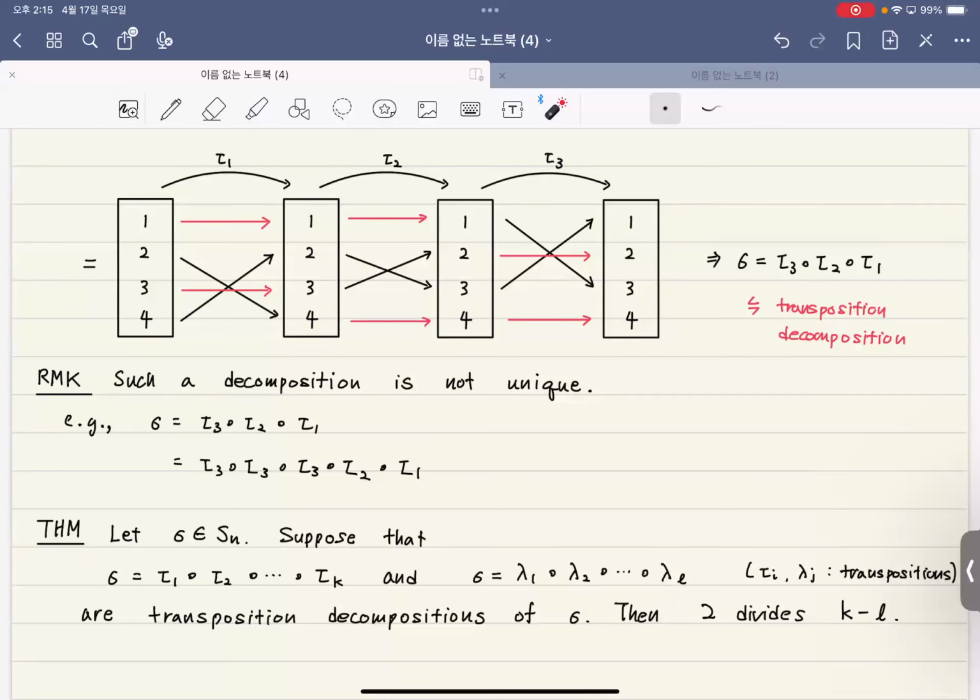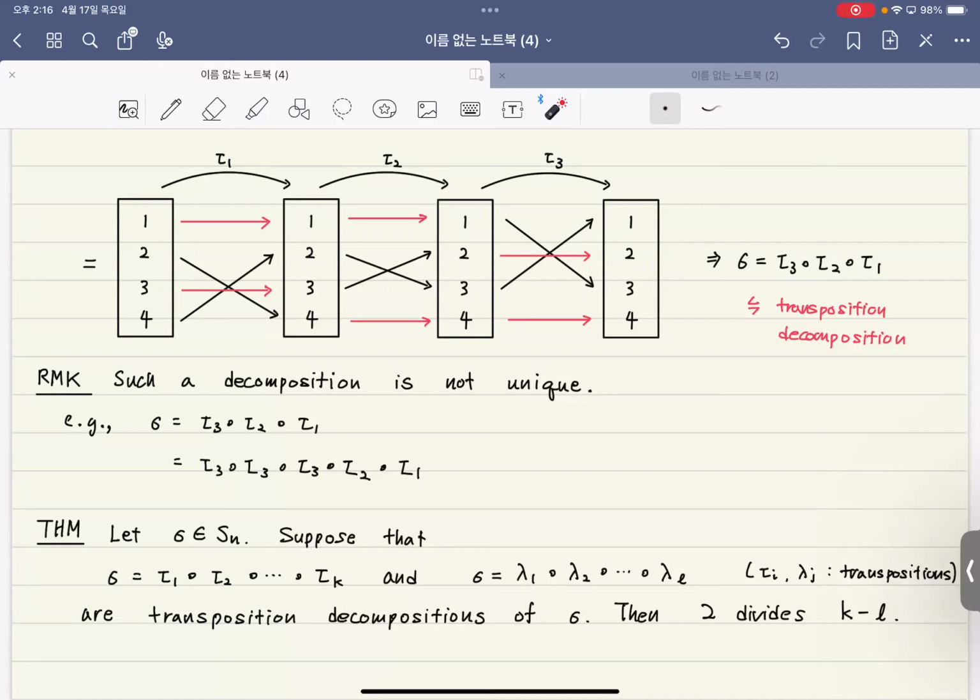2 divides K minus L implies the parity of the two integers K and L must be the same. Do you know what I mean by parity? Even or odd. In other words, suppose that I was able to decompose sigma by an odd number of transpositions.